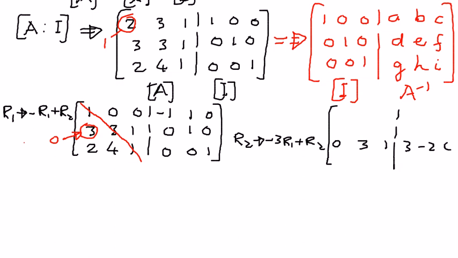Let me clean that up. And then in the first row we have elements 1, 0, 0, and then we have negative 1, 1, 0, and then in the third row we have 2, 4, 1, and then we have 0, 0, 1. So we successfully completed the row operation here.